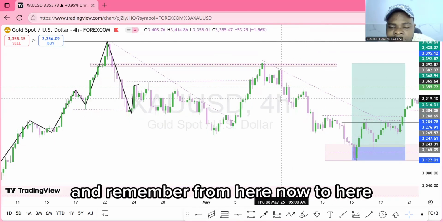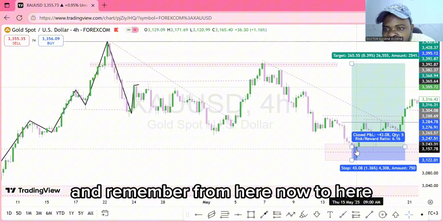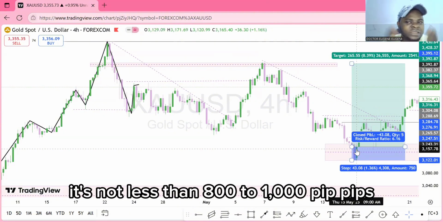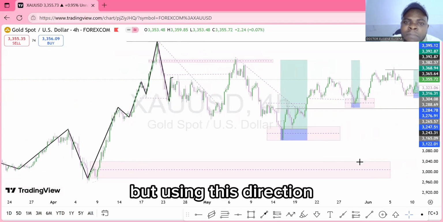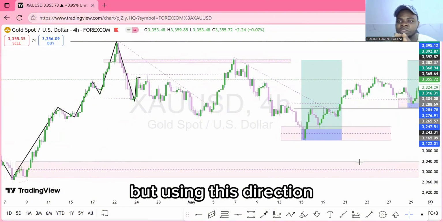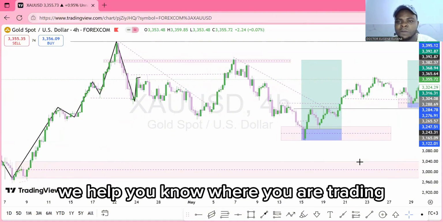And remember, from here to here is not less than 800 to 1000 pips. That is it, because this is the 4-hour time frame. But using this direction will help you know where you are trading.